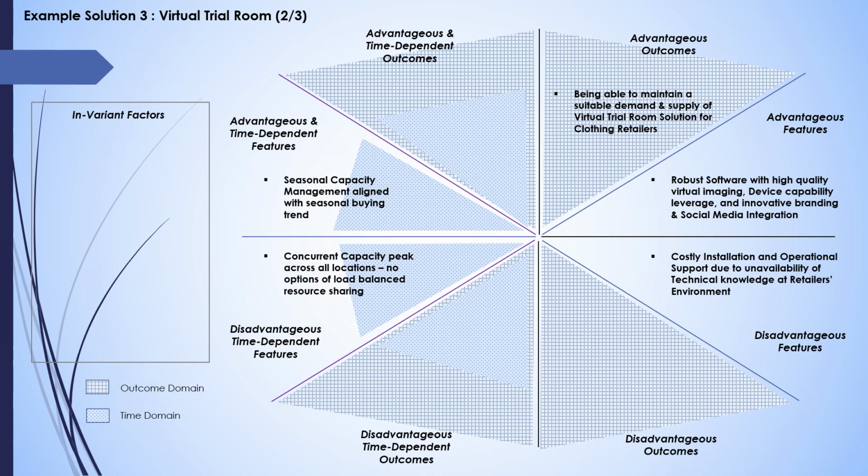Retailers getting consistent value, users getting a seamless experience, and the solution earning the reputation that drives organic growth. And the time-dependent advantageous outcome, progressive, consistent business scaling across more locations, more retail formats, and more flexible business models. Each successful deployment creates the foundation for the next. Momentum that compounds with time.